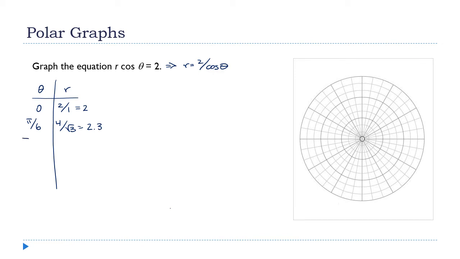So let's go up again, sticking with the angles that I know, at least for now. Pi over 4, cosine pi over 4 is the square root of 2 over 2, which means this is 4 divided by the square root of 2, which, referring to my calculator, is 2.8.